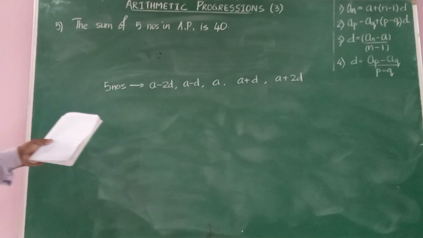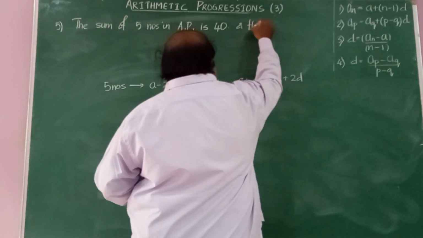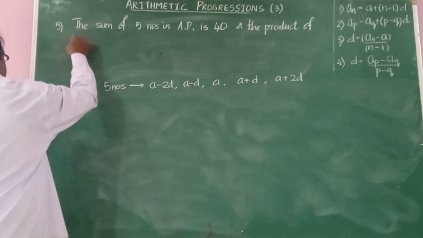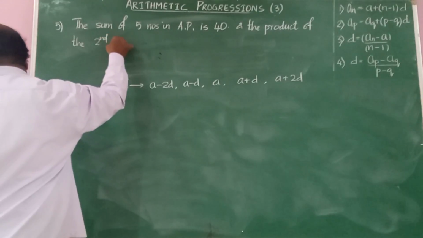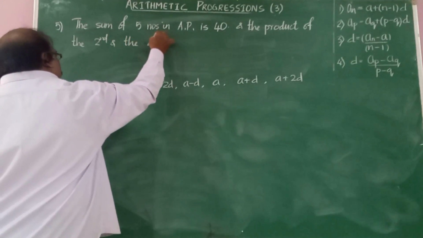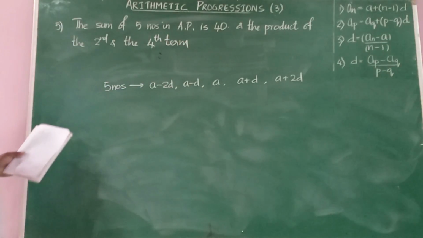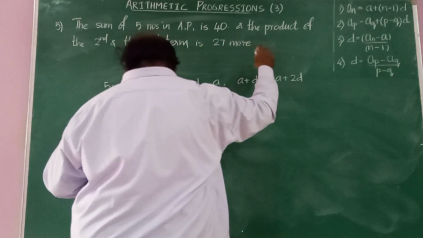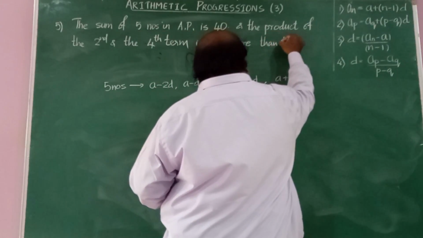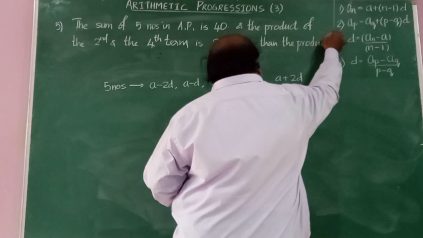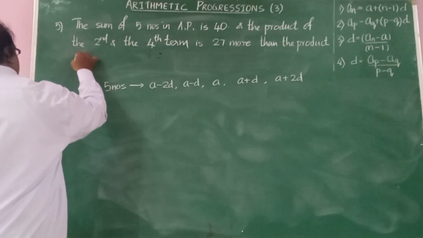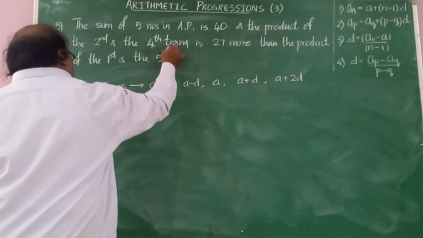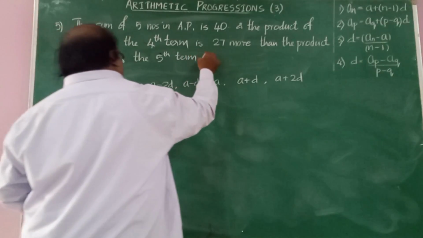That the sum of five numbers in the AP is 40 and the product of the second and the fourth term is 27 more than the product of the first and the fifth term. Find the AP.